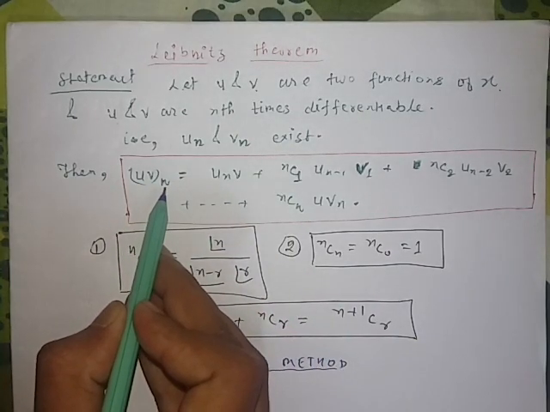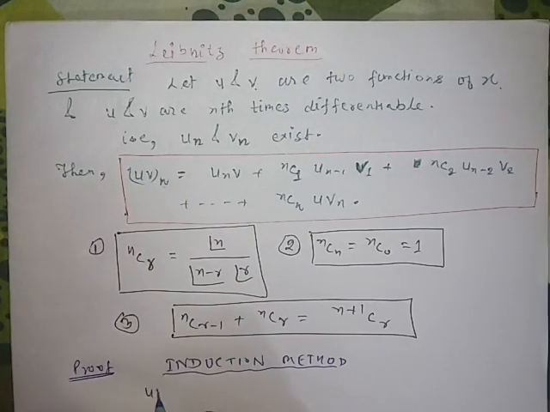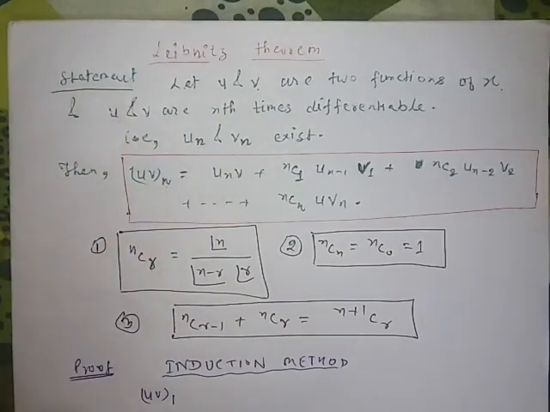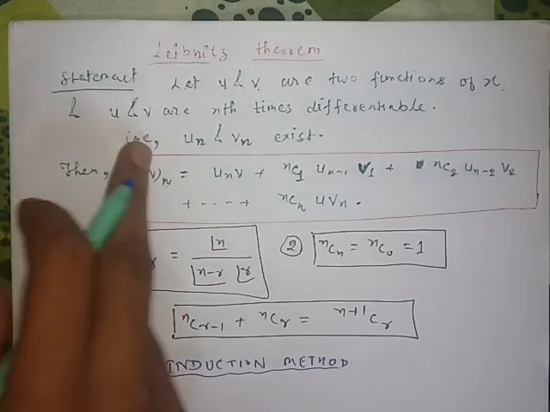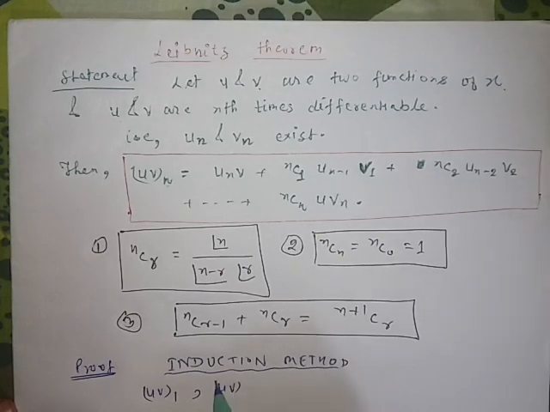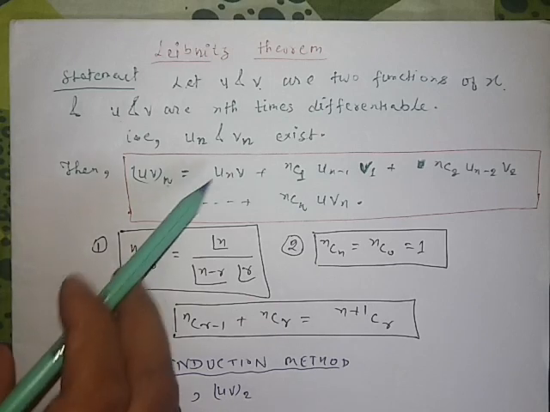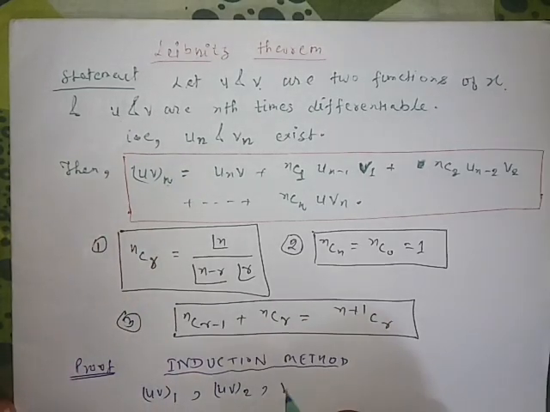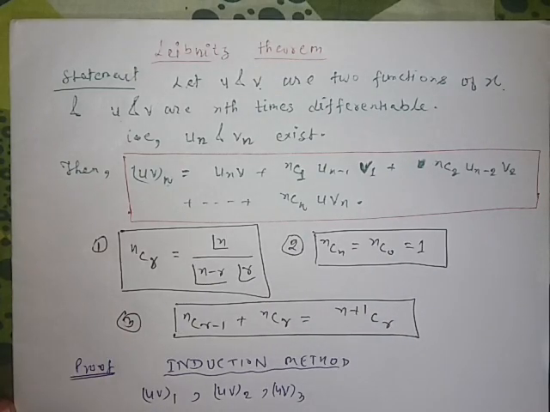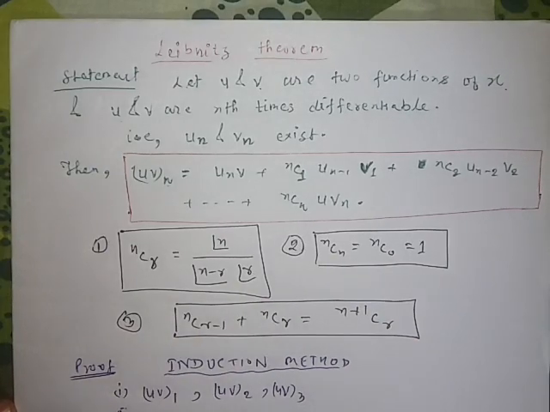We put n equal to 1, so we will prove that (uv)_1 satisfies this equation. After that we will prove (uv)_2, the second derivative of the product uv, satisfies this equation. Similarly, we will prove (uv)_3 also satisfies this theorem.